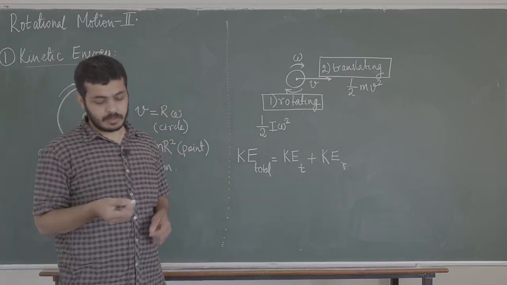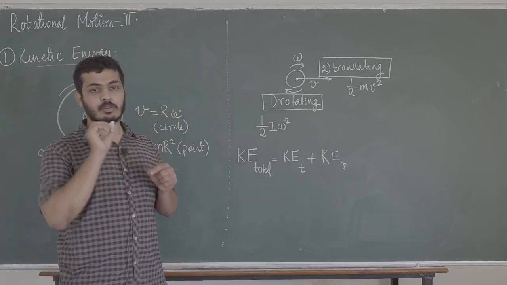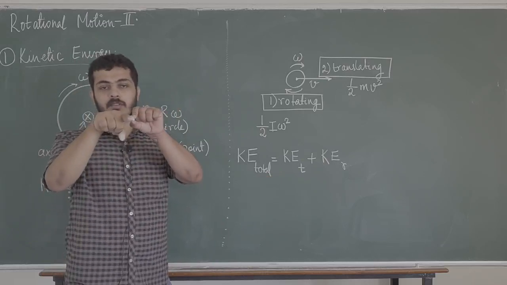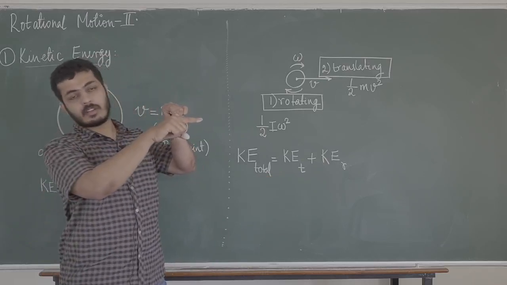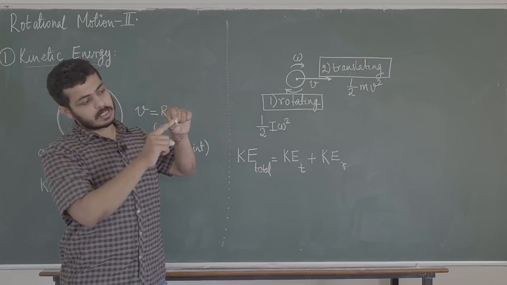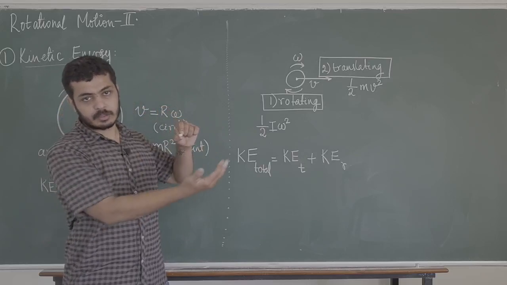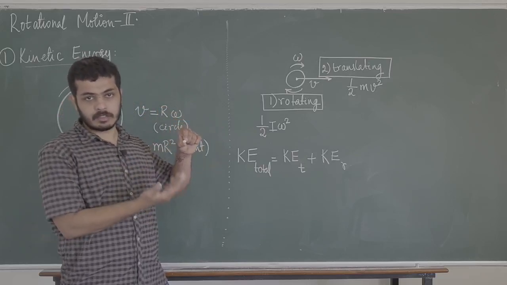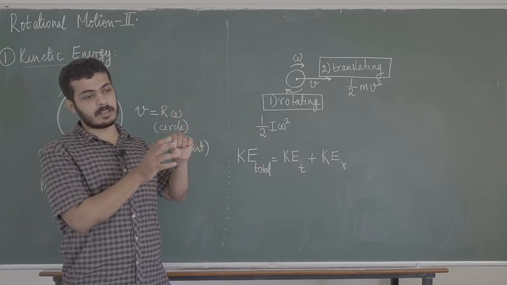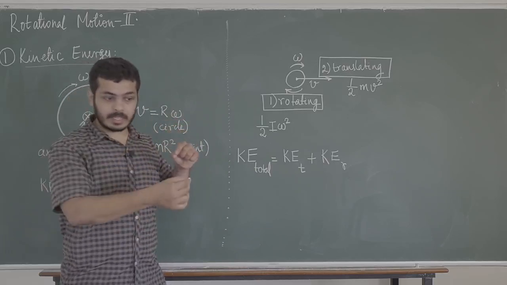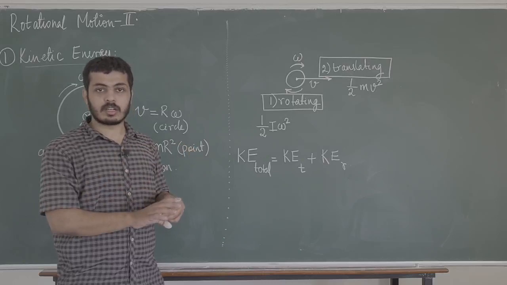Whenever something is moving, for example, if I throw this chalk towards you, then this chalk is going to have a velocity. Because of this velocity, when this chalk is moving from one place to another, it's going to have some kind of energy. To stop the chalk, I will have to do some kind of work. If this chalk is rotating, even then to stop the chalk, I will need energy.